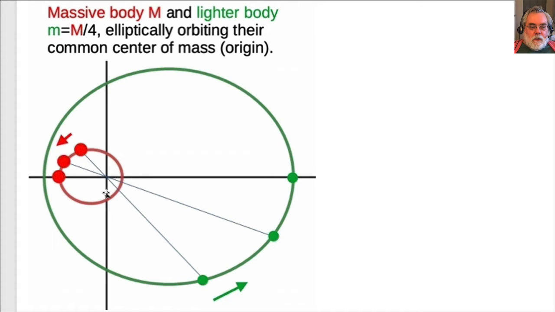So here it passes through the center of mass, here it passes through the center of mass, here it passes through the center of mass. For this particular diagram, I've chosen the smaller mass to be 1/4 of the larger mass.